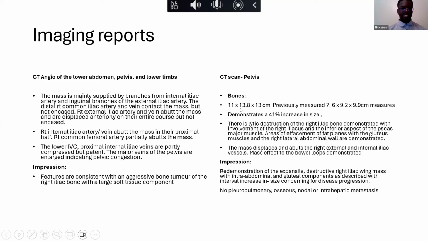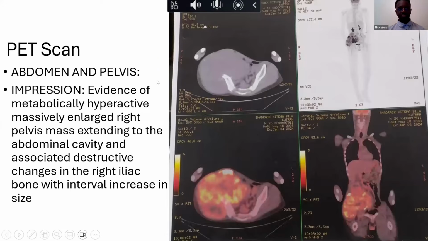And just looking at the CT scan, there was one that was done earlier. And after the treatment of the chemo and radiotherapy, it was noted that the mass had increased. There was a 40% increase in size, hence a decision to continue with surgical intervention.